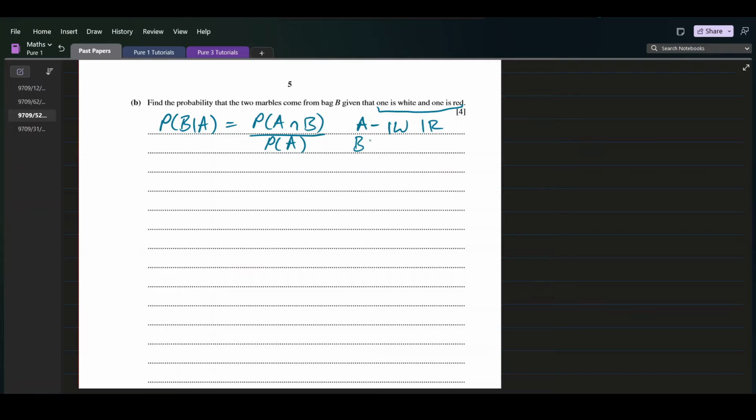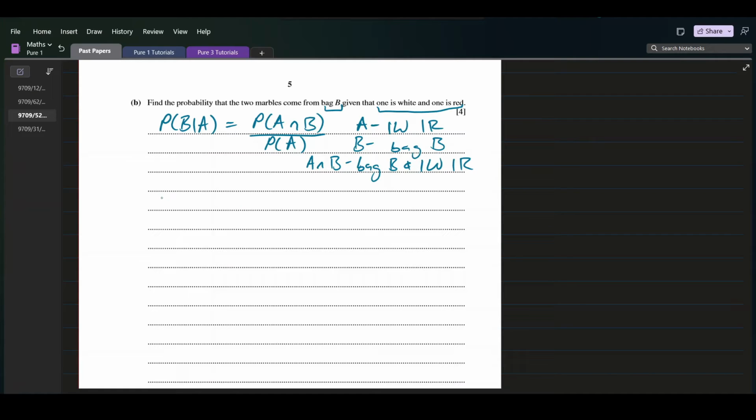And then B is the marbles come from bag B. So that's bag B. And then the intersection A intersection B is we have to pick bag B, and we should get 1 white, 1 red.